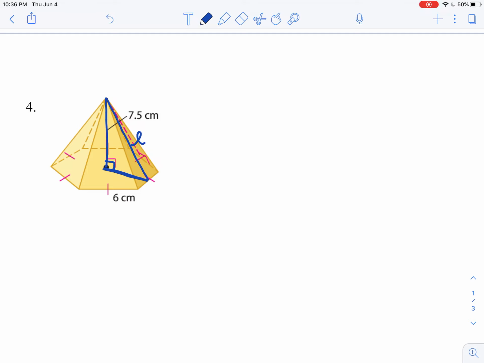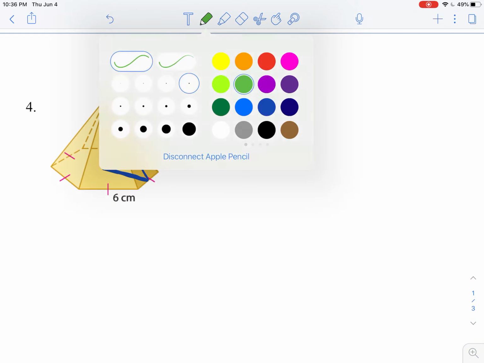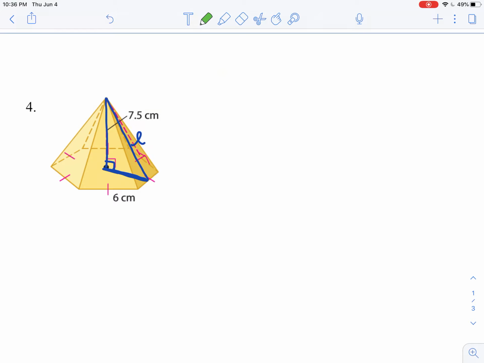You may have noticed already that this line that's the bottom of our triangle is actually an apothem for the hexagonal base. So I'm going to then draw a triangle, and this one now is lying flat on the bottom of the pyramid.